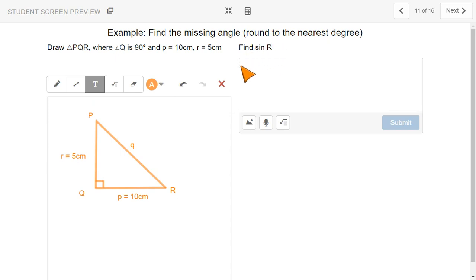Now, since we're asked to find sine R, we're not quite there yet because we know that sine R is equal to opposite over hypotenuse. But the trouble is we don't have the value for our hypotenuse. We know that it's little q, but that's not enough. So let's use the Pythagorean relation now to help us find the hypotenuse.